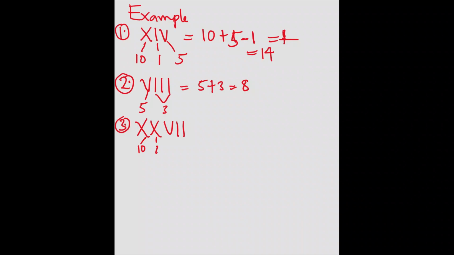This is 10. This one is 10. This one is 10. This one is 5. But let's basically say this one is 7, just to make it easier. So that is 10 plus 10 plus 7. That gives us 27.